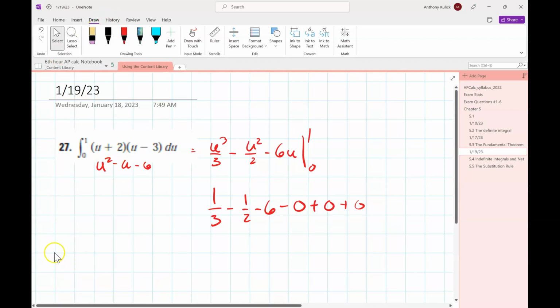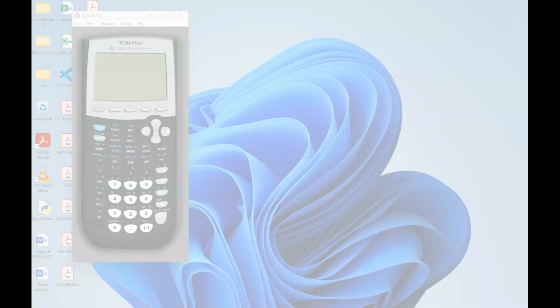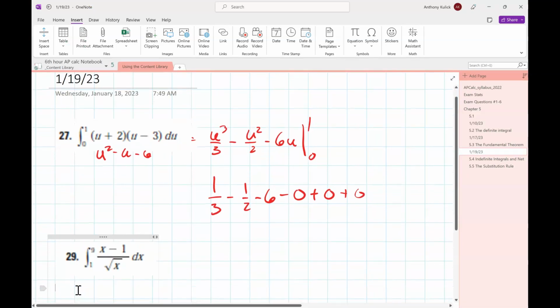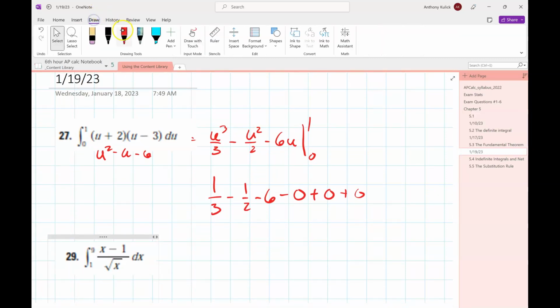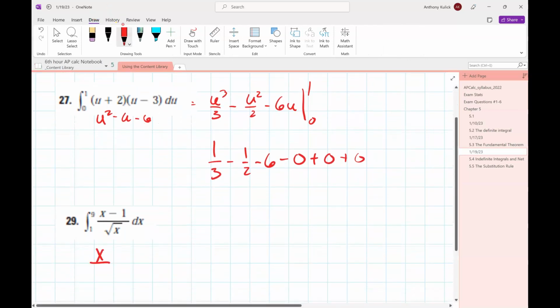Sure. It's going to be almost the same trick. Because again, if I look at the function here, I have the quotient of two functions. Don't have any antiderivative rules to handle that. So what am I going to do?